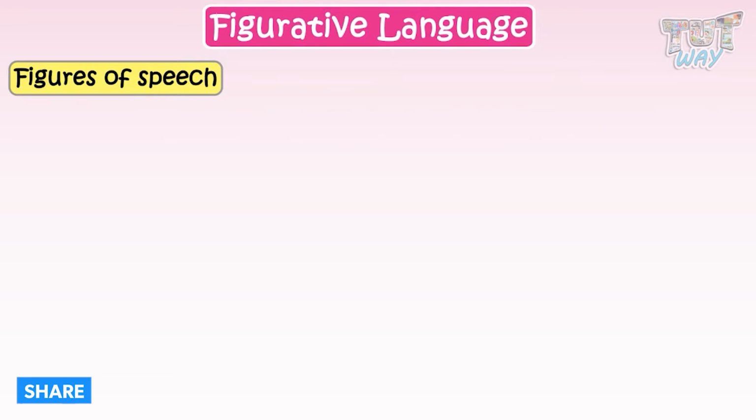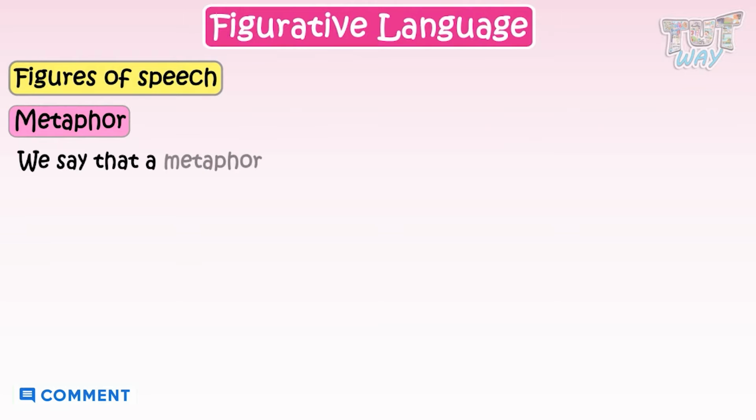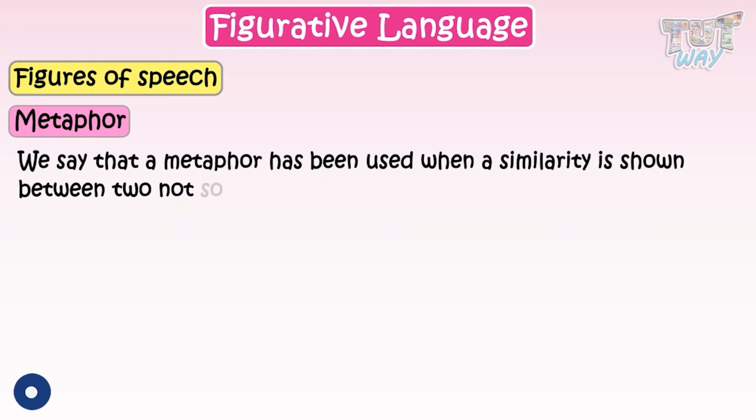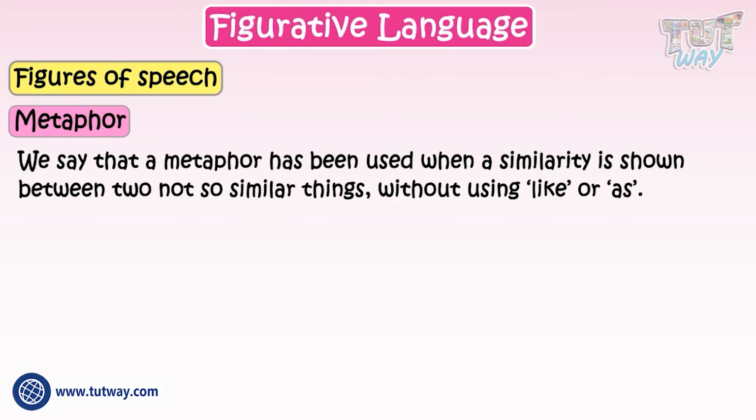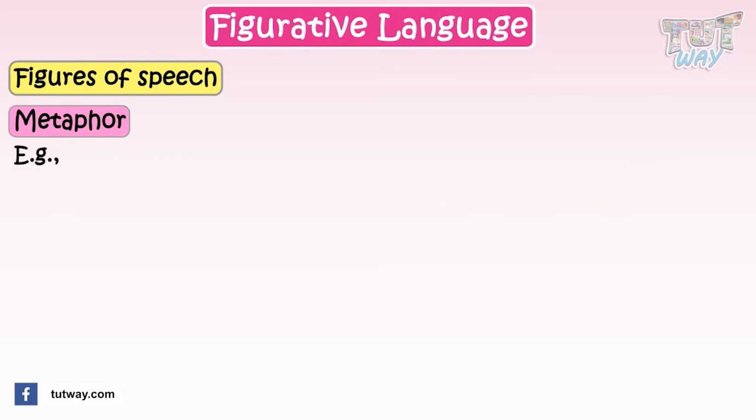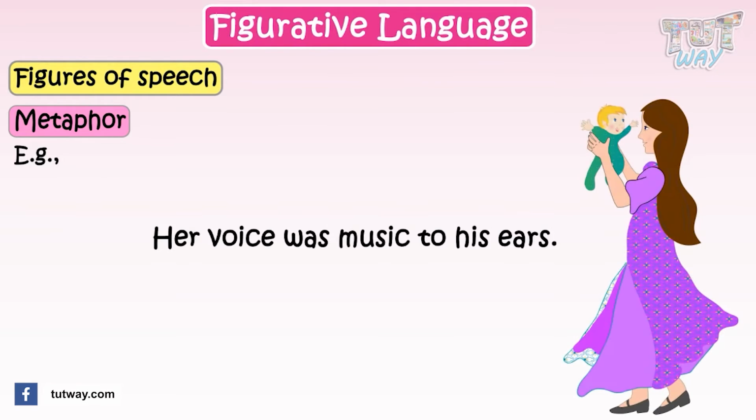Now let's learn next figure of speech, and it is metaphor. We say that a metaphor has been used when a similarity is shown between two not so similar things without using like or as. For example, her voice was music to his ears.